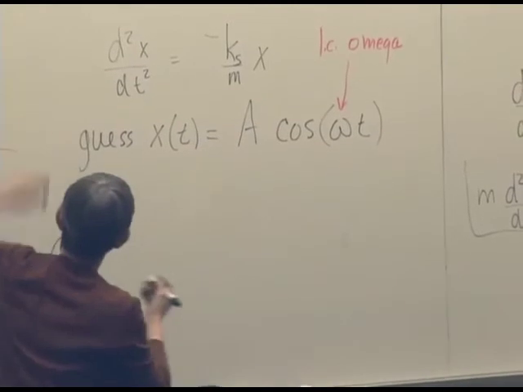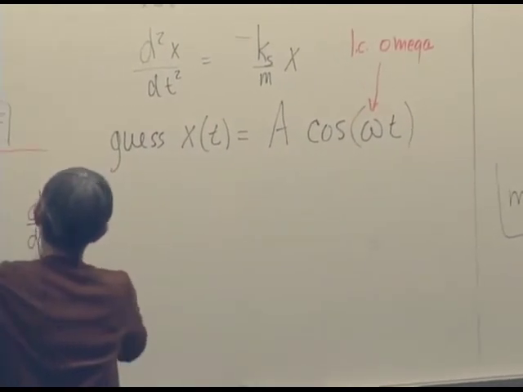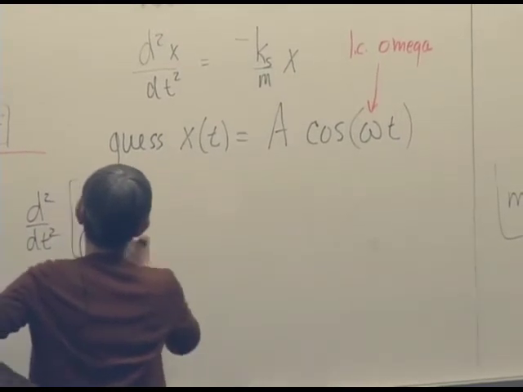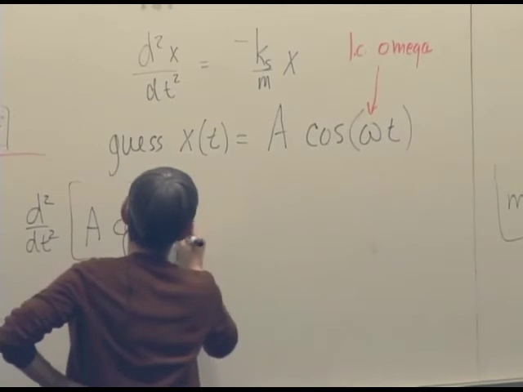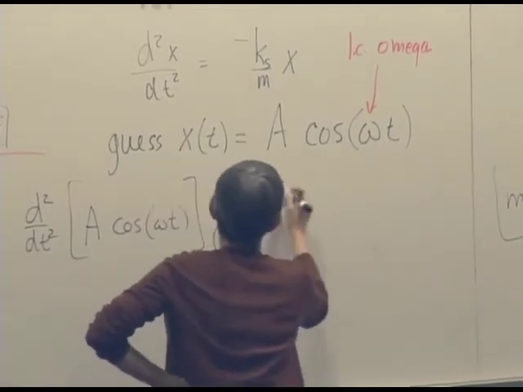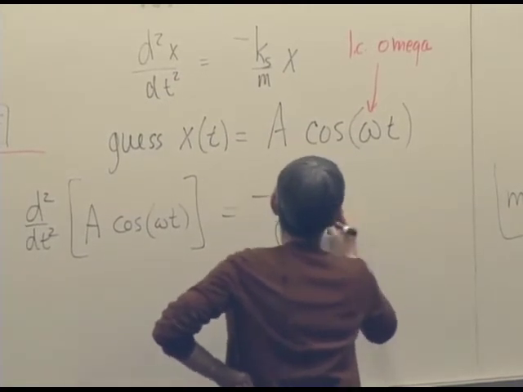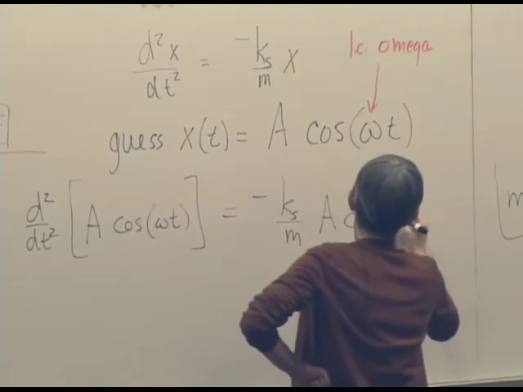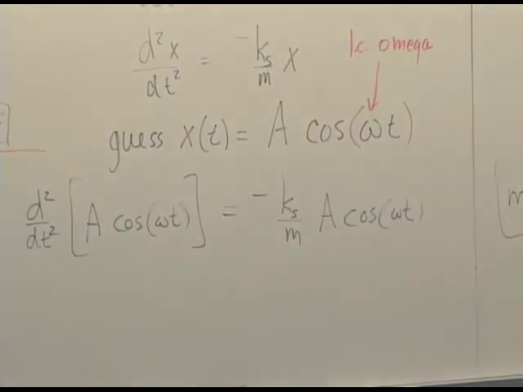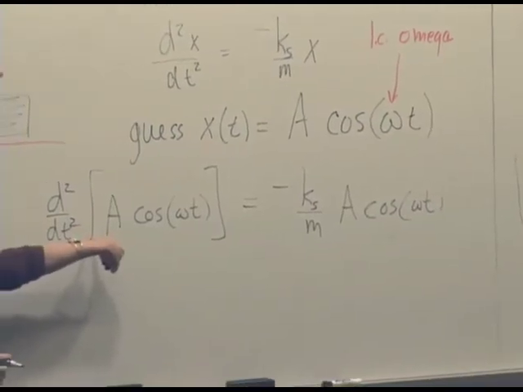So we guess this, let's try differentiating it. The second derivative with respect to time of A times the cosine of omega t is equal to minus spring stiffness over the mass times A times the cosine of omega t. What's the second derivative with respect to time of A cosine omega t?